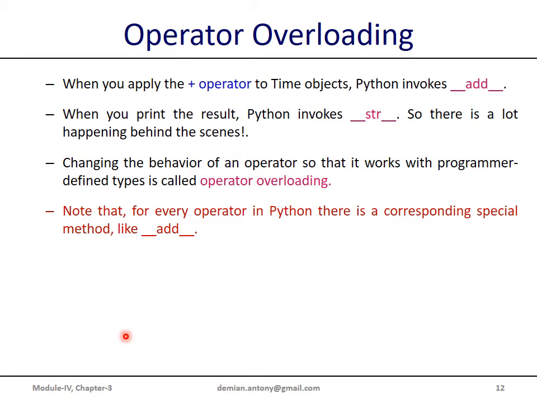Note that for every operator in Python, there is a corresponding special method defined. For example, for add it is double underscore add double underscore, for subtract double underscore sub double underscore, and so on, for multiplication and division and even other operators.